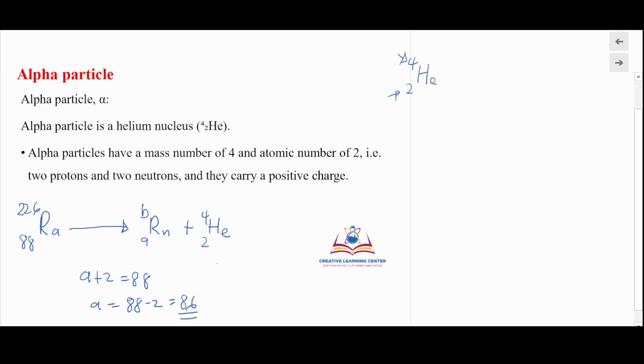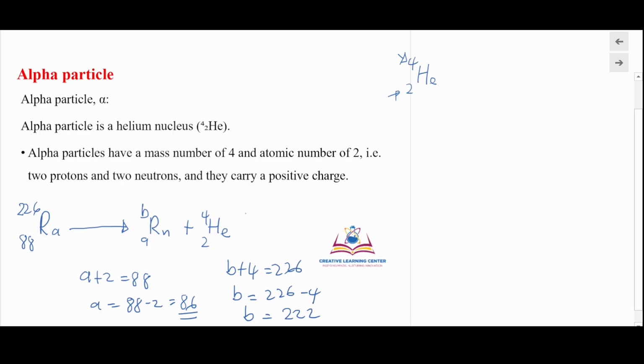That could be my A. To get my B, I'll simply do the same procedure. B plus 4 is equal to 226, so B is equal to 226 minus 4. Therefore, my B in that case is going to turn out to be 222.